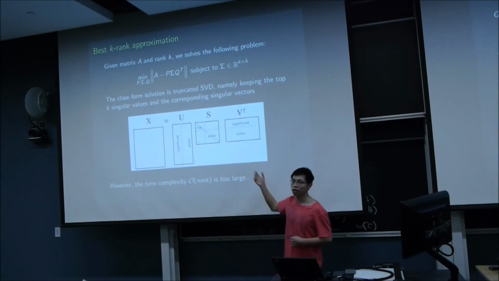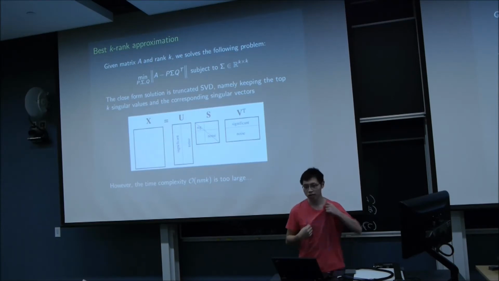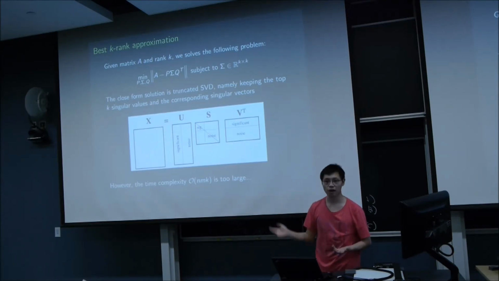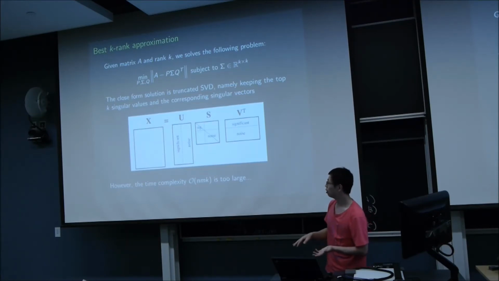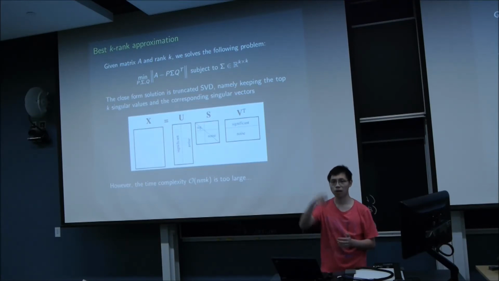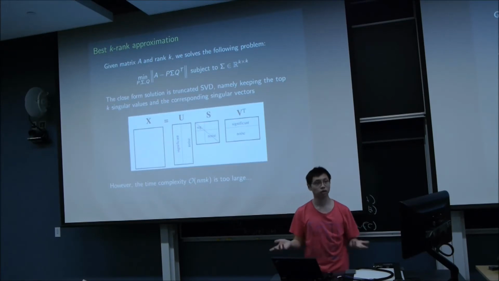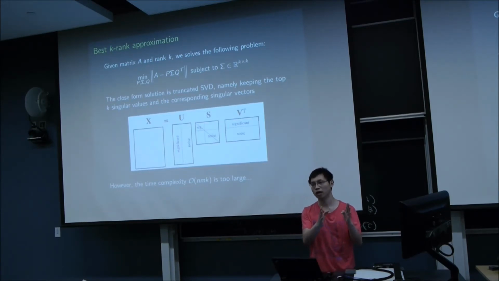You can get a rank K approximation, and it turns out that it is the best you can have. Generally, if the eigenvalues have a power law distribution, which is true in most cases, you just keep the top K, and you catch maybe 80% of the information you have.